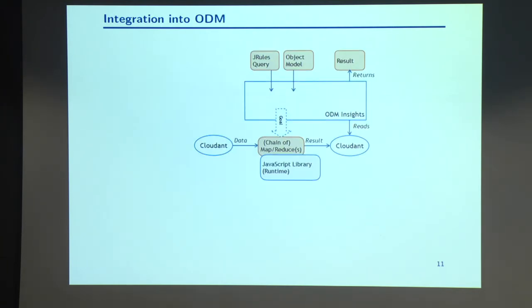So then there is the question of how to integrate the prototype inside the product. So we said that we want to take as input the query language and the object model and generate some compilation, some MapReduce chain that can be loaded into Cloudhunt.